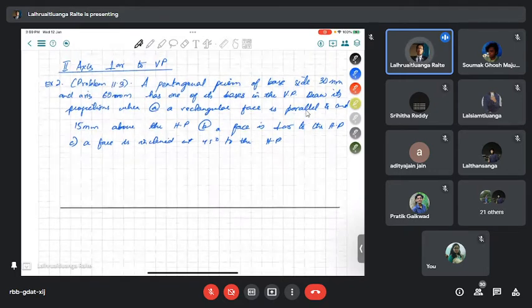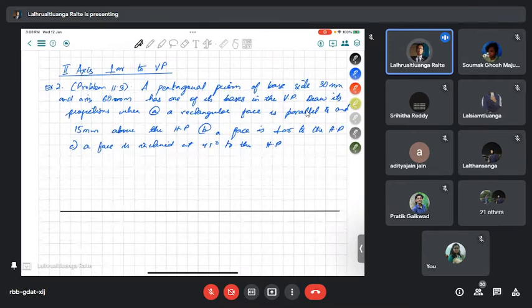Now let's see this. We have a pentagonal prism and the base is parallel to the VP, and that means that the axis is perpendicular to the VP. So we are going to have that particular prism attached to the VP itself. In the first condition, a rectangular face is parallel to and 15 mm above the HP. So 15 mm above the HP, we are going to have one face. As it is perpendicular to the VP, it is going to look like a line.